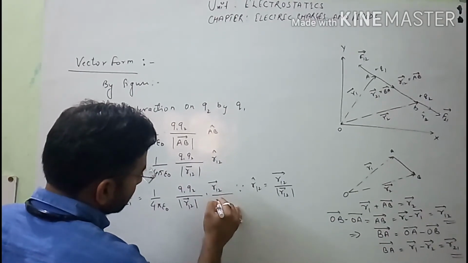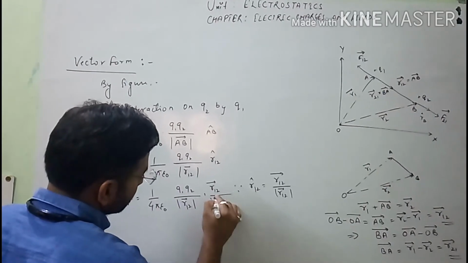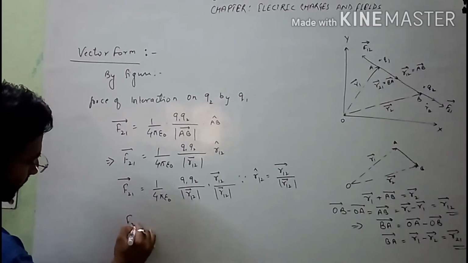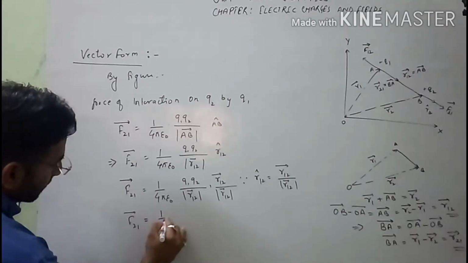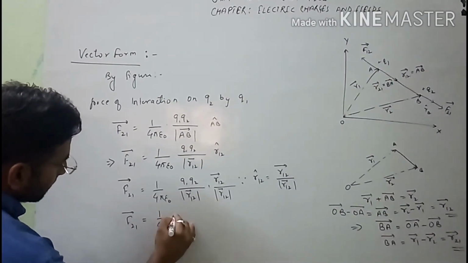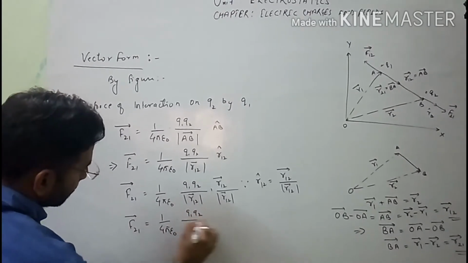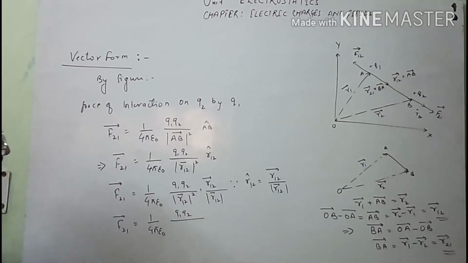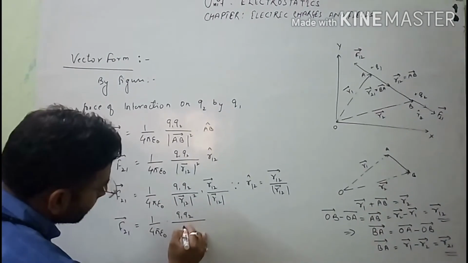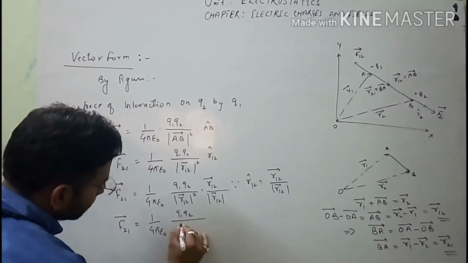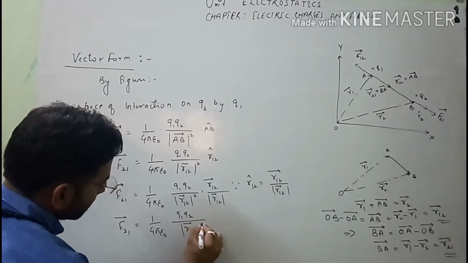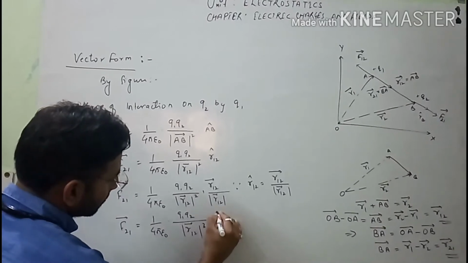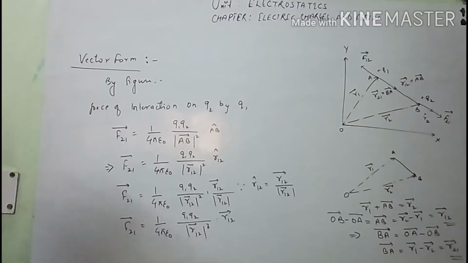So R12 cap is equal to the R12 vector over the mod of R12, and after that you will see in vector form the formula will be Q1 Q2 over R12 cubed, this is our square from the starting, times the R12 vector. So here I will write the R12 vector. Clear, student?